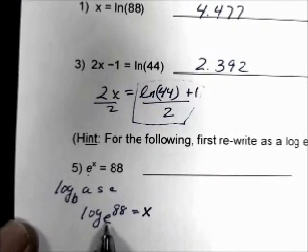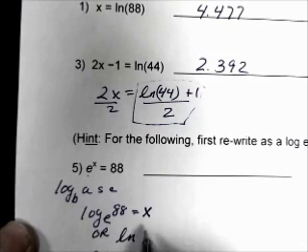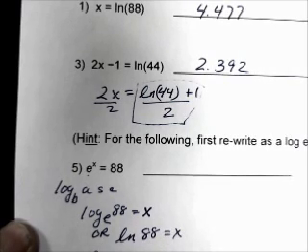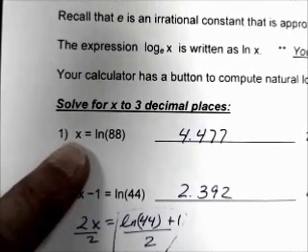Remember, log base e is the same as ln, so we can write this ln of 88. Well, ln of 88 we have from above, so I'll just copy it from above. That's 4.477.